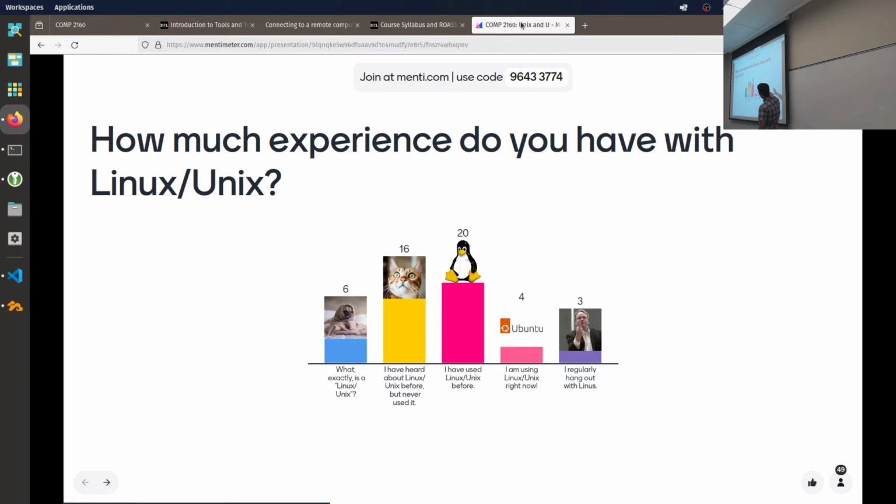This friendly gentleman right here, I'm not sure what you see on your screens, but this is a man extending his middle digit at the camera. That's Linus Torvalds. He is the person that originally made Linux around 1992.